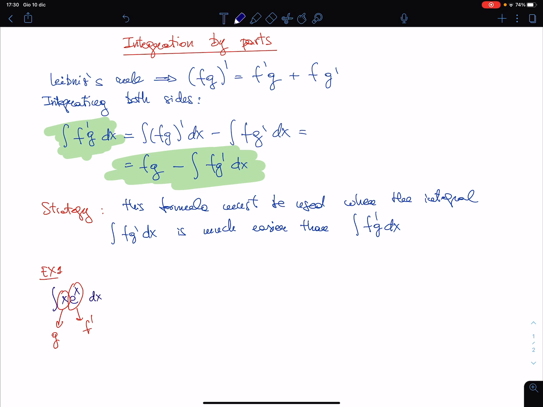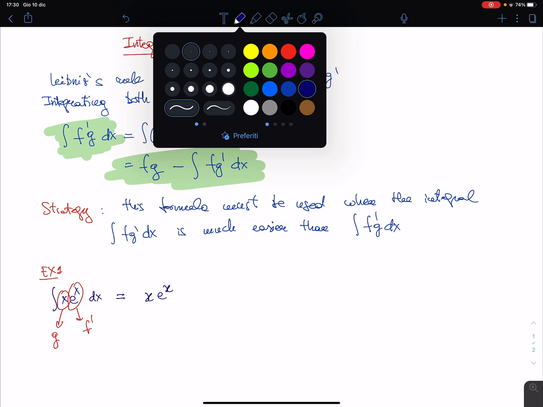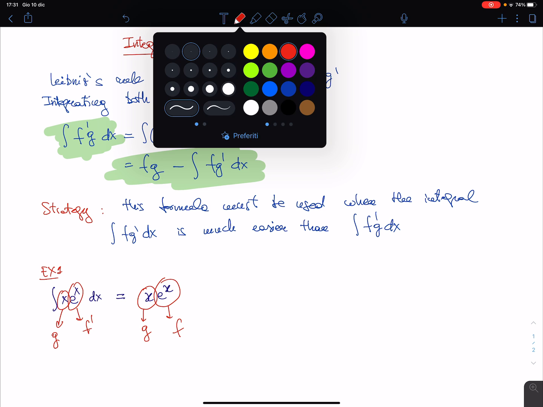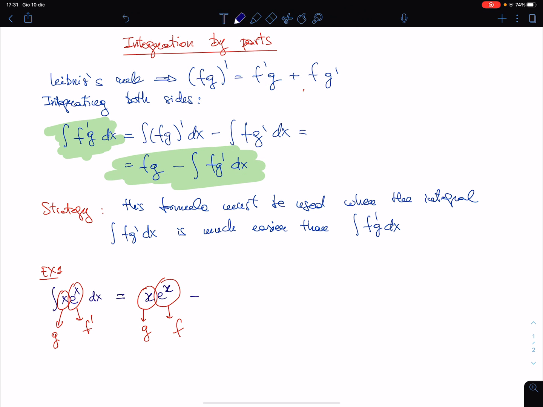Then here we write f and g. f' is e to the x, also f is e to the x, so x e to the x, where x of course is g, and e to the x this time has to be interpreted as f, and then minus again f, which is e to the x, and g', which is 1, dx.